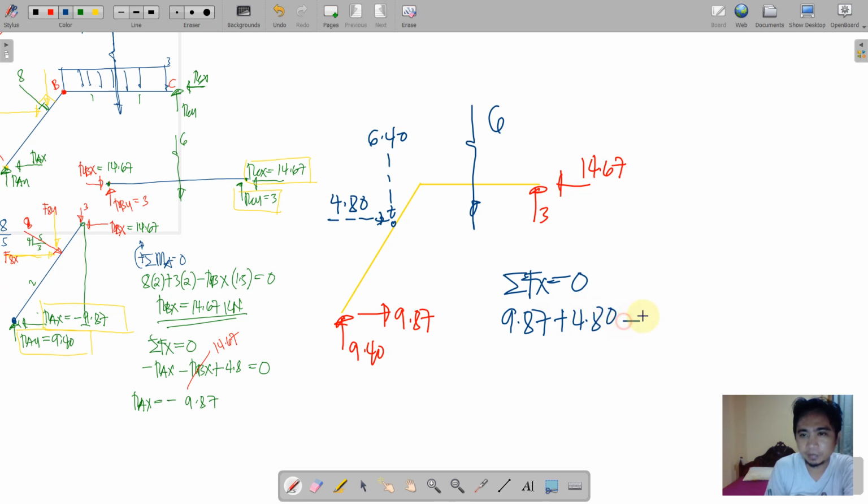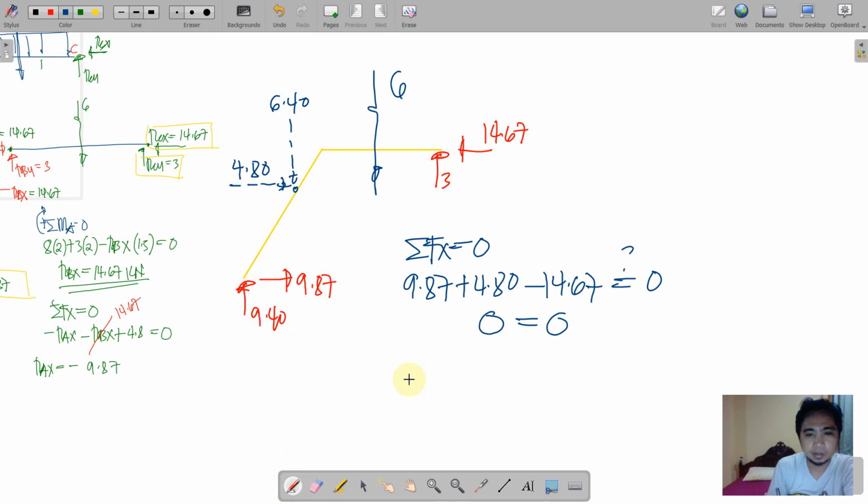And then pa-left na 14.67. So the question is it equal to 0? So 9.87 plus 4.8 is 14.67. So it's really equal to 0. So we are 101% sure of our reaction.